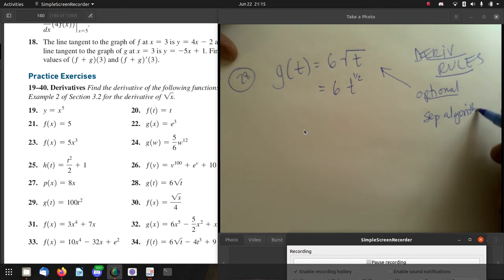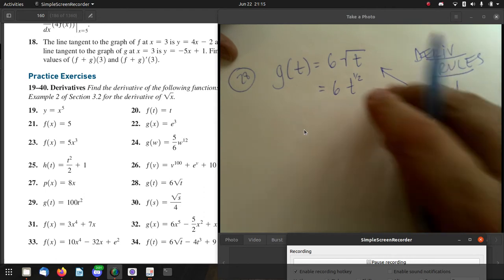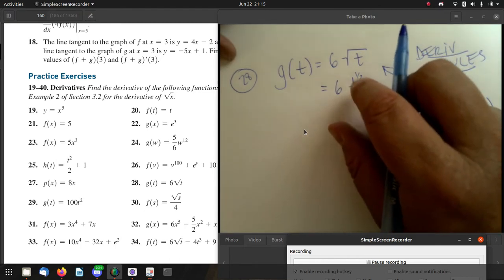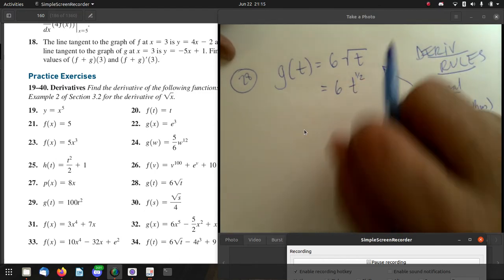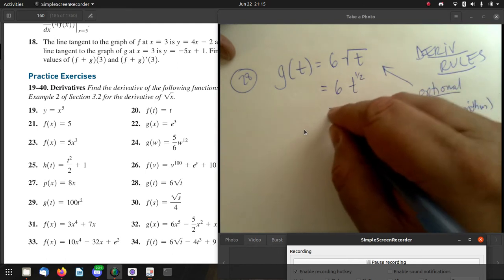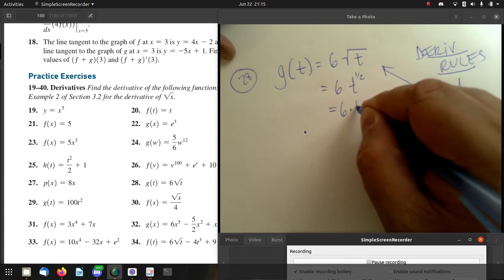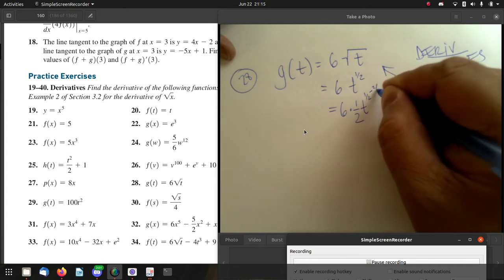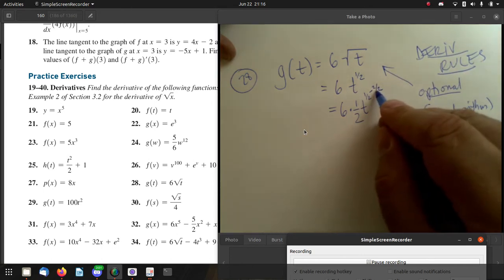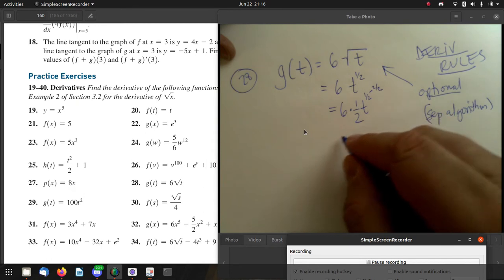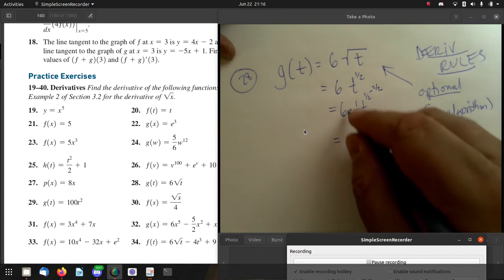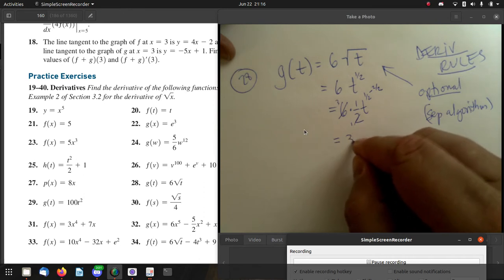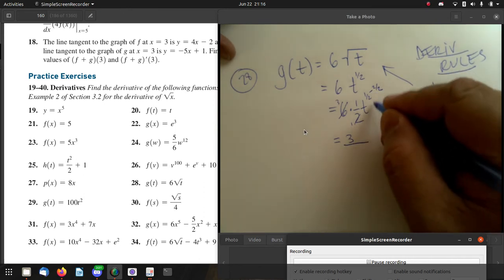I never do it. When I'm doing calculus, I often have the pattern memorized, but I still just sketch it out like this first and do it in my head. So by the power rule, this will just be 6 times 1/2, and then it's t to the 1/2 minus 2 over 2, and that's going to be negative 1/2. That cancels out to 1 and 3, so we're going to have 3 over t to a negative power.